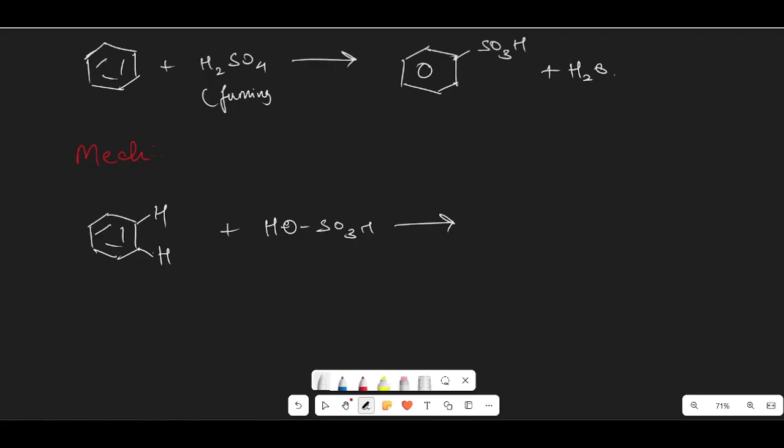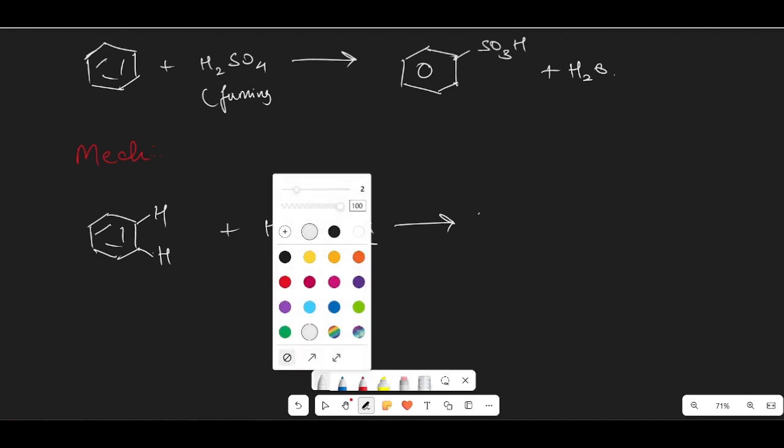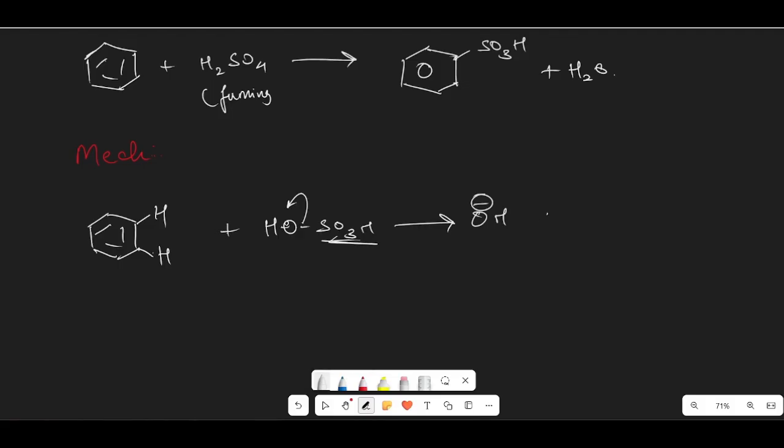This breaks to form a hydroxide ion and the sulfonium ion. So we have OH minus, SO3H, the positive charge, and we have benzene sitting right there.